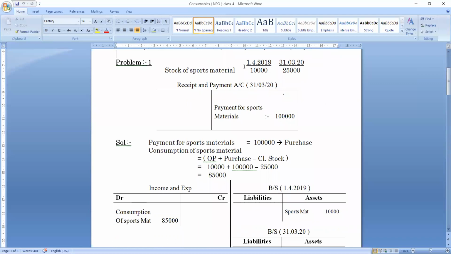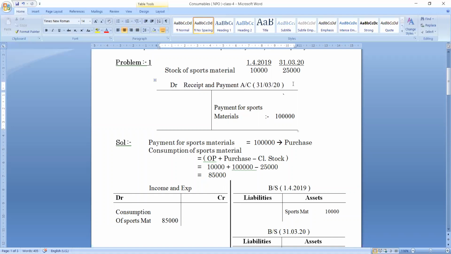Now the problem, meaning the question. The question is: stock of sports material 10,000, this is your opening balance, and on 31st 2020 this is your closing balance. Here it is a receipt and payment account. The receipt side is the debit side, and the payment side is the credit side.